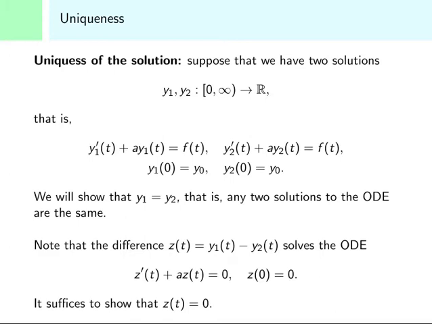We see that z prime of t plus a z of t equals 0, with initial value z at 0 equals 0. In order to show uniqueness, it suffices to show that z of t equals 0 for all times. That is true because y1 and y2 satisfy the same differential equation with the same initial values.